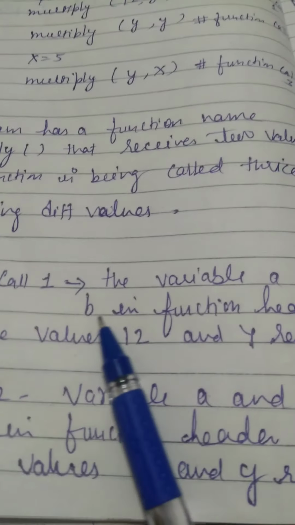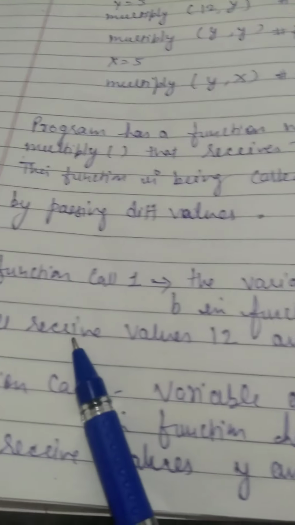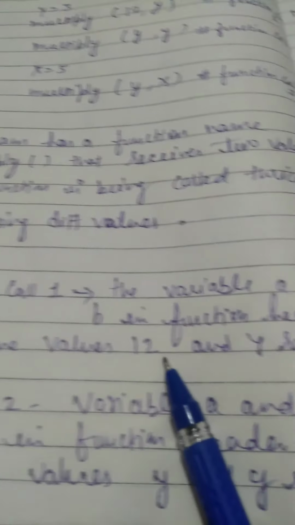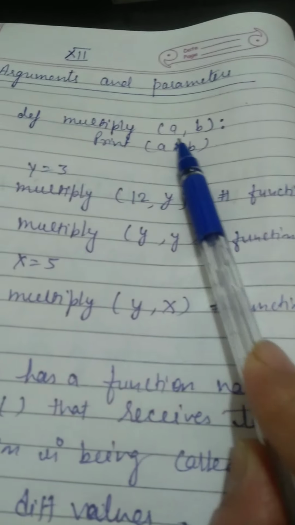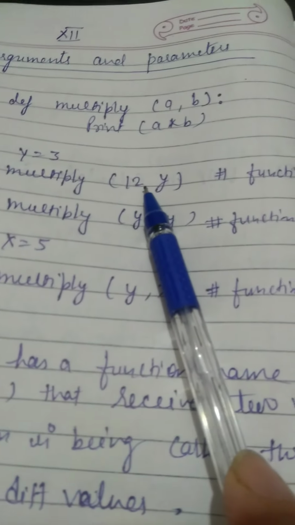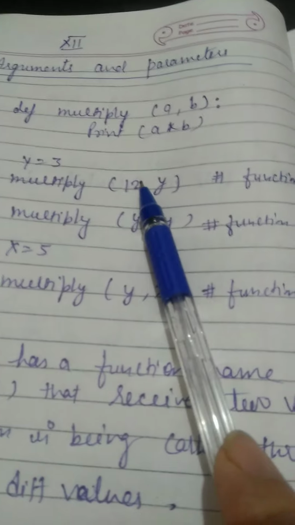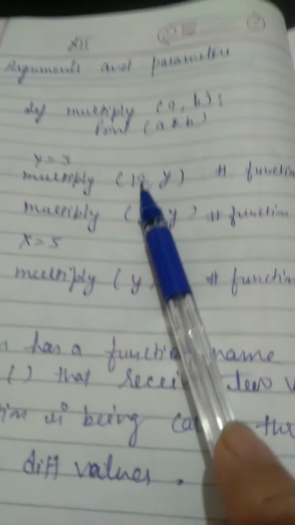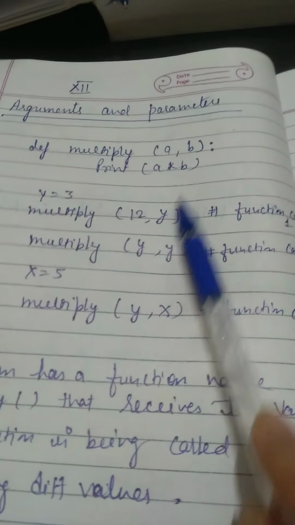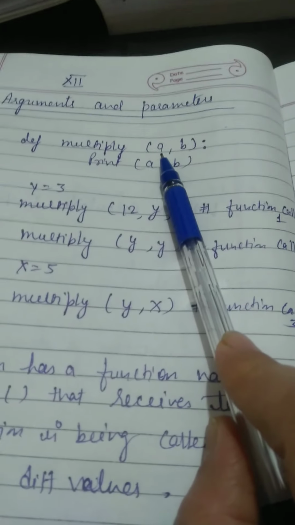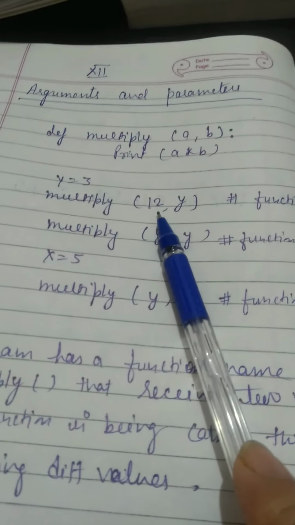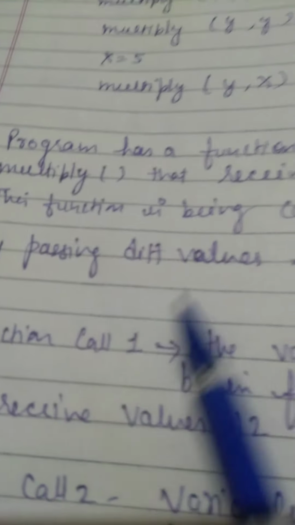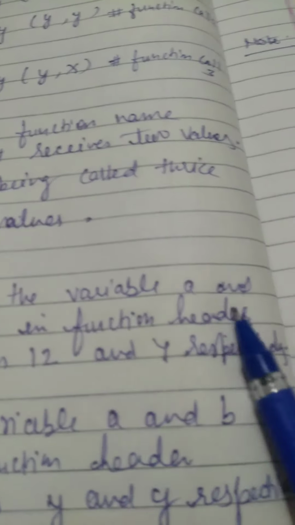With function call 1, the variables a and b in the function header will receive values 12 and y respectively. In this function header definition, when we call function 1, the values 12 and y will be passed, or you can say the a and b variables will receive these values.